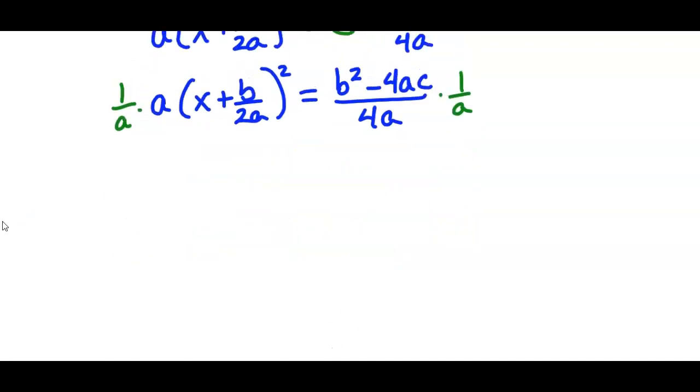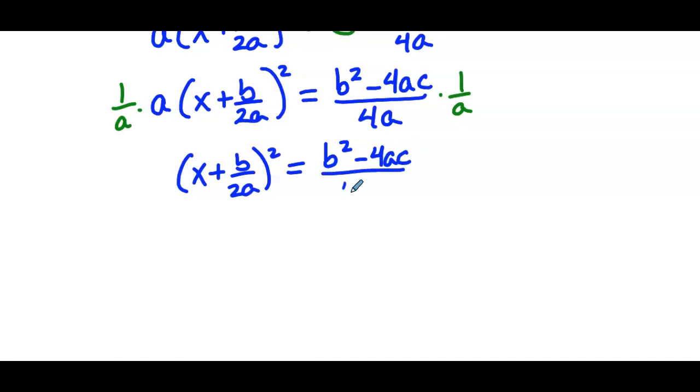Okay, so that's going to give us x plus b over 2a squared equals b squared minus 4ac over 4a squared. Now we can take the square root of both sides.